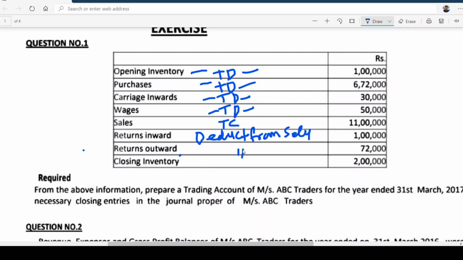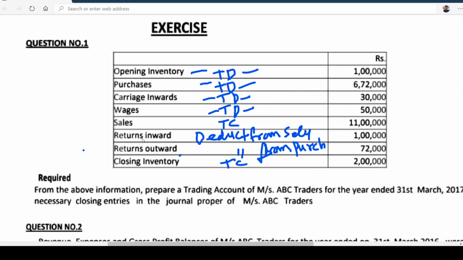Return outward means purchase returns, deduct from purchases. Closing inventory, where does it go? Trading account, credit side, because we don't have information of cost of goods sold. Okay, so we start doing this first problem here.